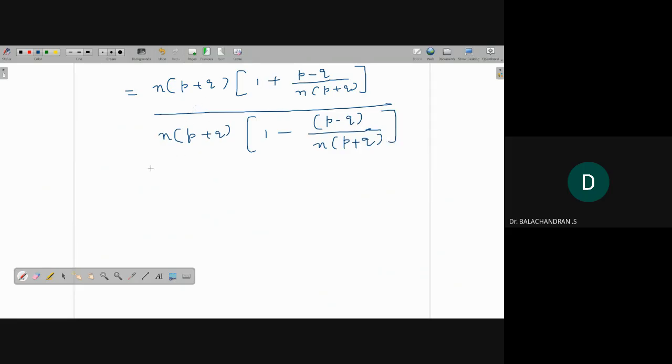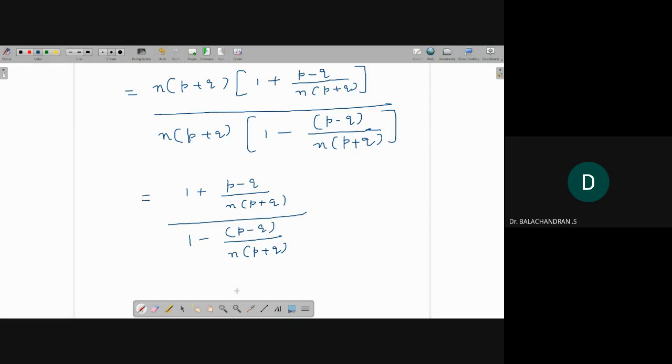So remaining you have 1 plus P minus Q divided by n into P plus Q, divided by 1 minus of P minus Q divided by n into P plus Q. Okay, what is the next step? Any idea?